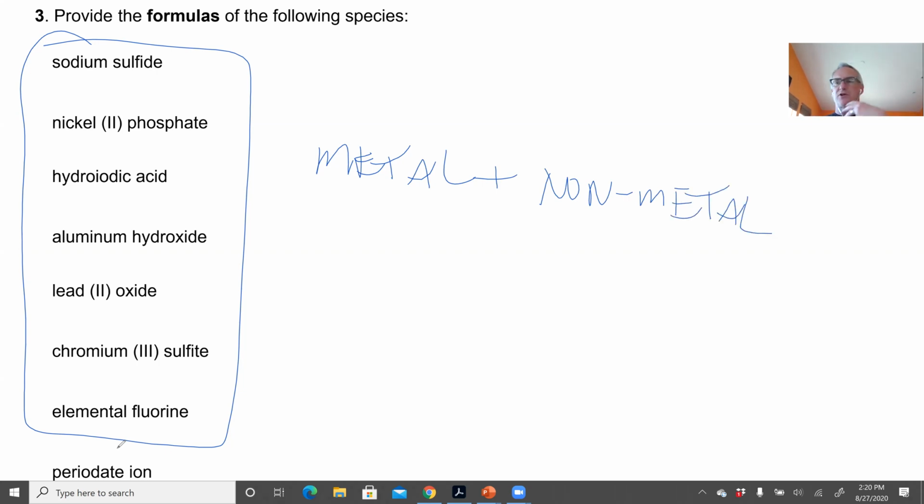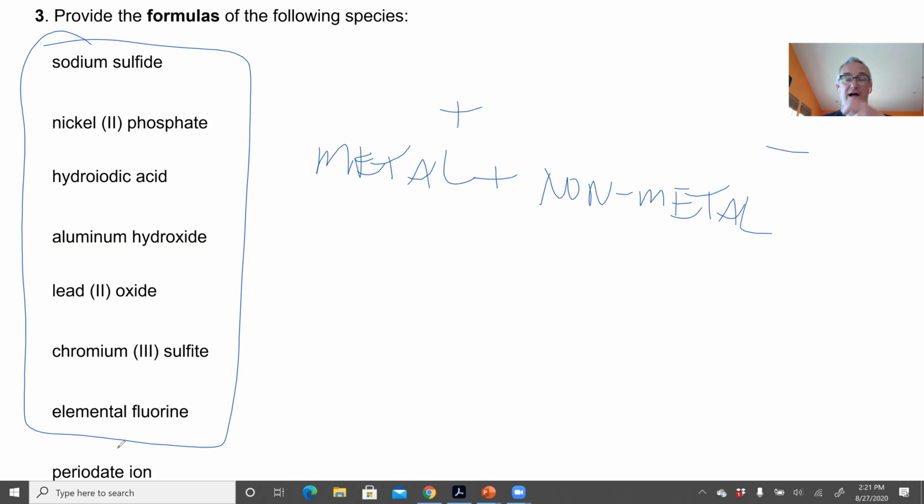Metals are almost always charged, unless they're by themselves or bound to another metal, almost always with a plus charge. And the non-metals are almost always with a minus charge. So those are the ionic compounds.